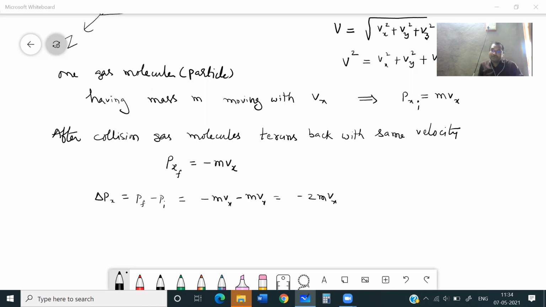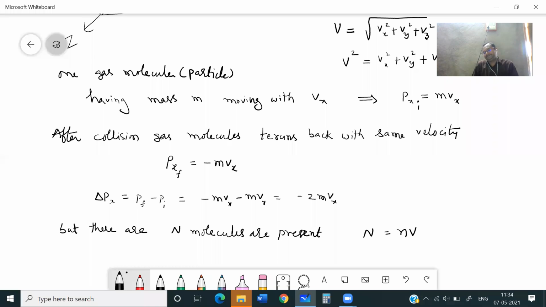Now, the total number of gas molecules, how many? One gas molecule we have discussed, but there are n molecules present. What is that n? n is nothing but the number of molecules per unit volume into the volume of that container.